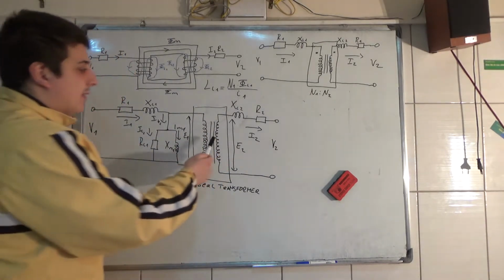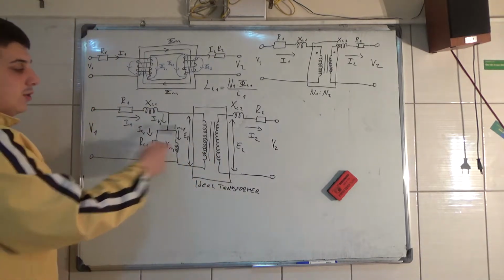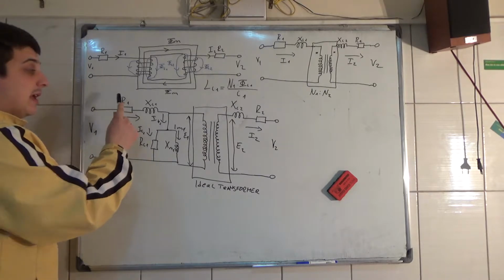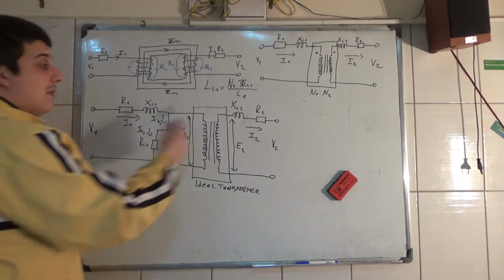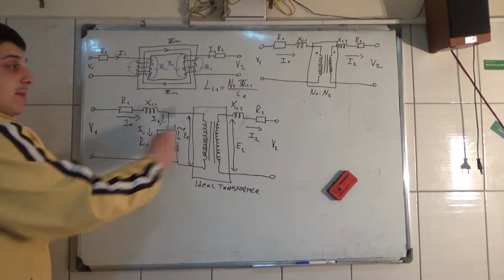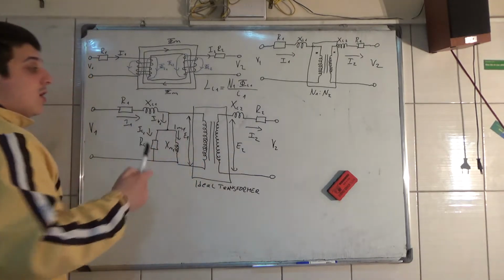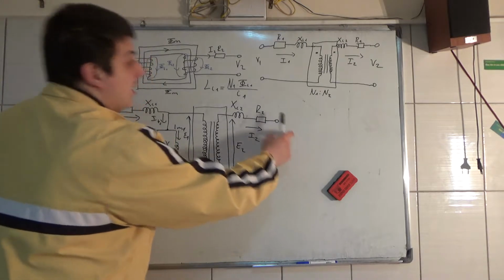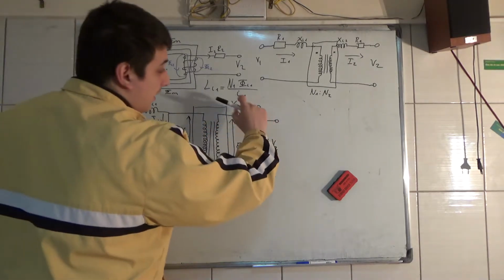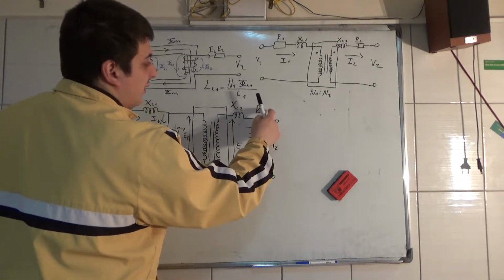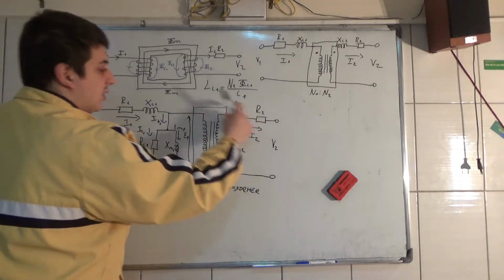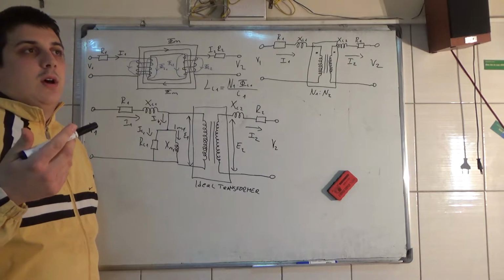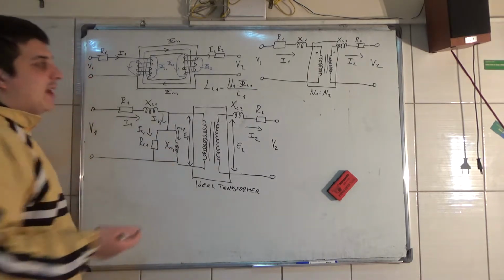Now we can move it from the left side to the right side, but we have to do that impedance transfer on the right side, from the primary to the secondary, all of this. Or we can move this ideal transformer to the right side, but we need to transfer this resistance and this reactance to the primary side, so we can have a better equivalent circuit.